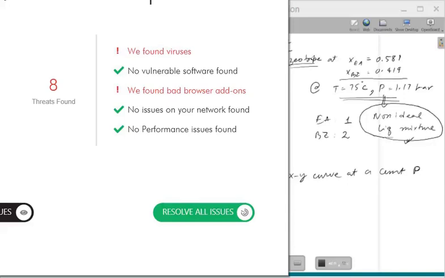What kind of assumptions have we made here? These are assumptions you have to be aware of. First of all, of course, the vapor phase is ideal.